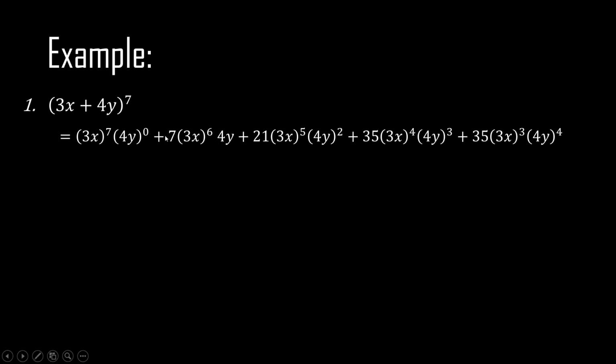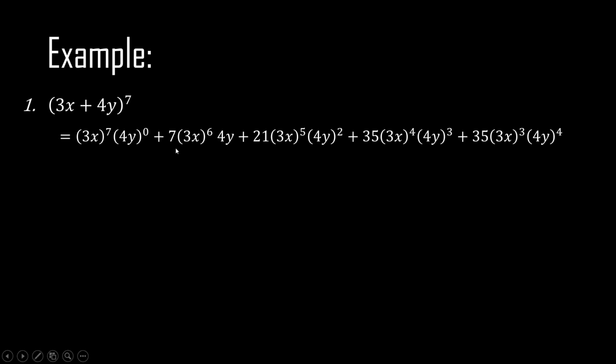So the next term will be determined by multiplying the exponent of the first term to this number. So 7 times 6, which is equal to 42.